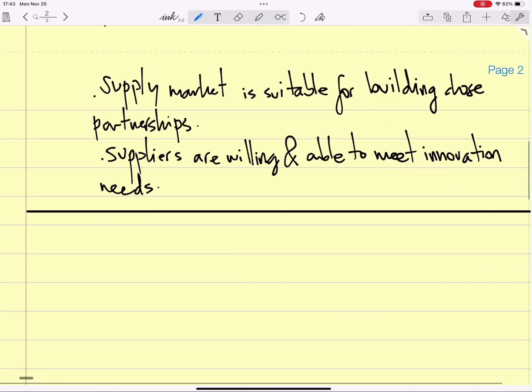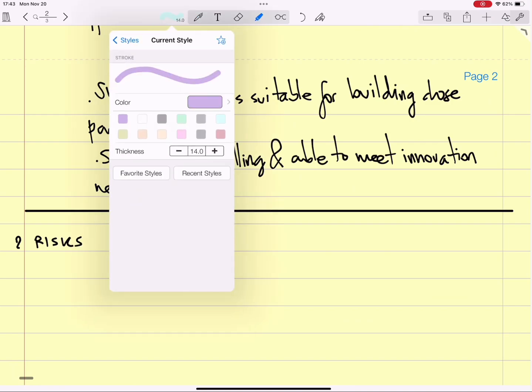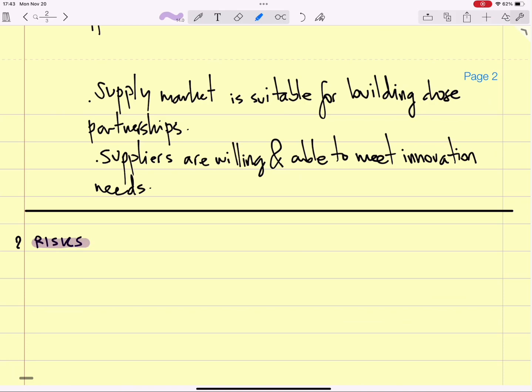I guess it's logical. So the second point is the risks involved when you make a make or buy decision. Okay.